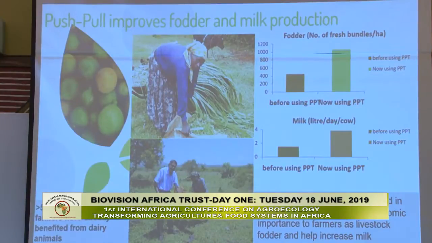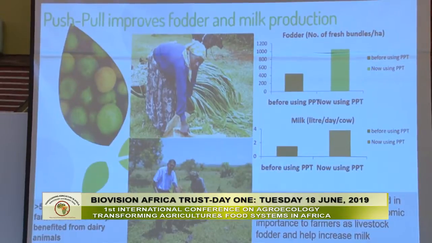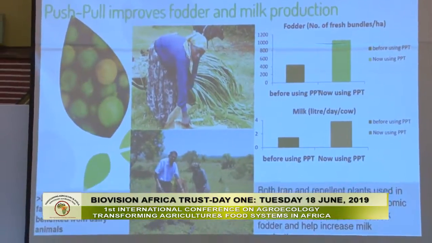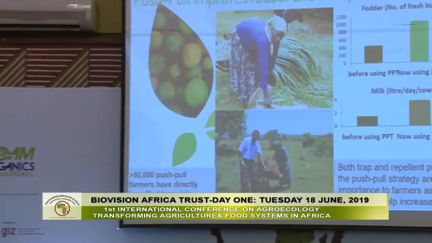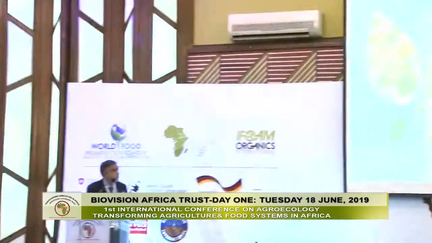Many of them had cattle, and many of them had dairy cows and dairy goats, and they had more milk in the household. So they combined the farming and reduced the pest problem, but used these companion plants to feed their cattle and have milk in the household.